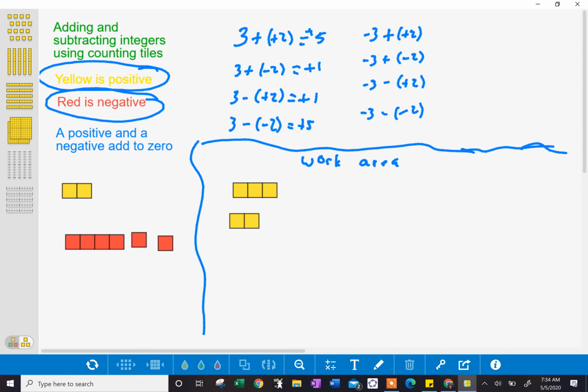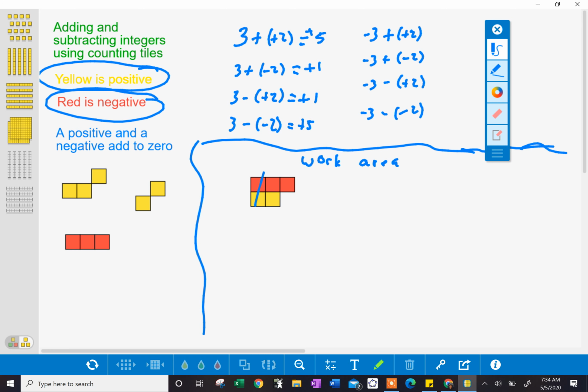All right. Well, what if we start with 3 negatives? 1, 2, 3. If I start with 3 negatives, I'm going to add 2 positives. 1, 2. Once again, I'm just left with 1 negative.